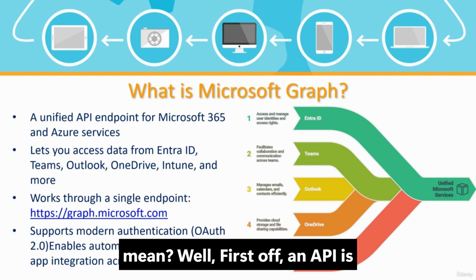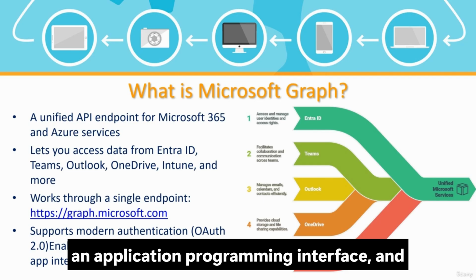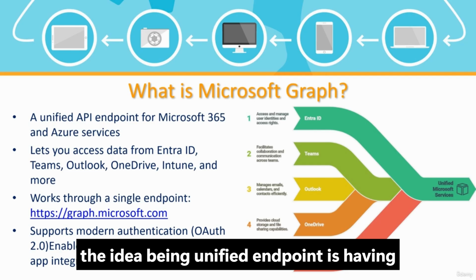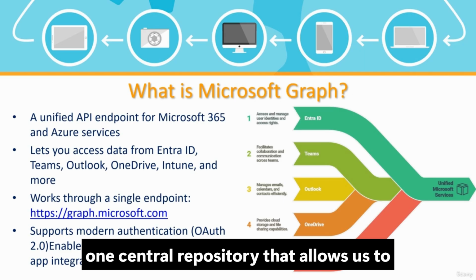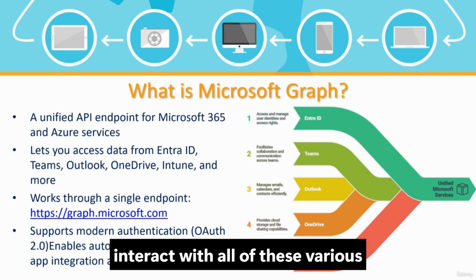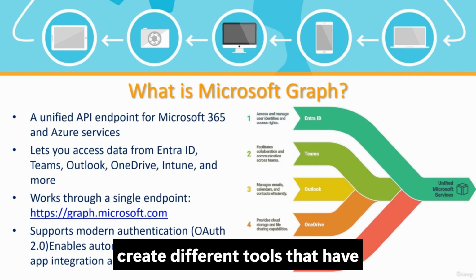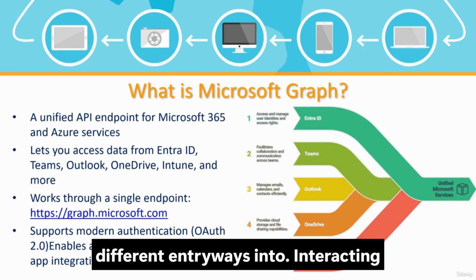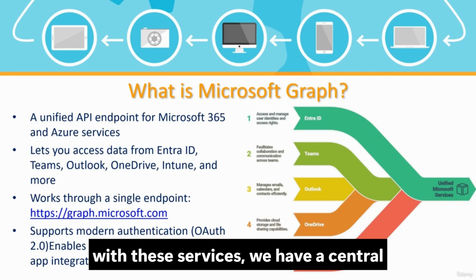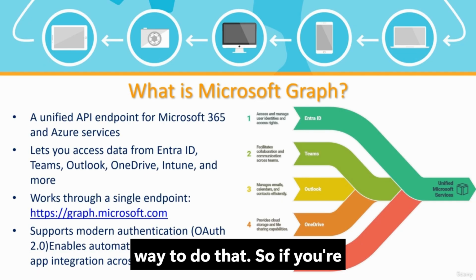Well, first off, an API is an application programming interface, and the idea of a unified endpoint is having one central repository that allows us to interact with all of these various services. Instead of having to create different tools that have different entryways into interacting with these services, we have a central way to do that.